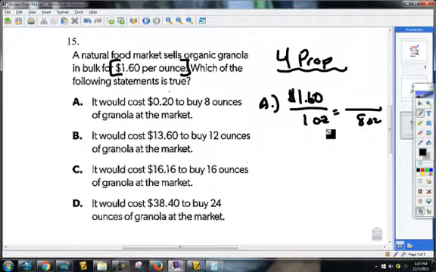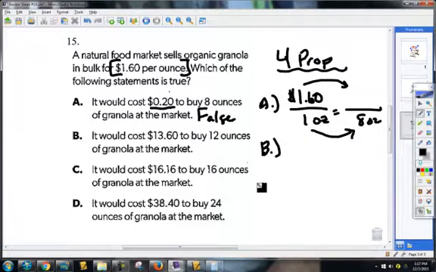Then it's false. So I look here and I say, okay, that's going to be times 8 there. That's going to be times 8 there. I mean, I can already tell you that this is going to be false, right? Because it's not going to get smaller. You're not all of a sudden going to buy 8 times more ounces and pay less money. So right there, I would write false next to that. Okay? So you're going to go through here and you're going to have a proportion for A, B, C, and D. And you're going to figure out which one of these would end up being the correct one. Okay?